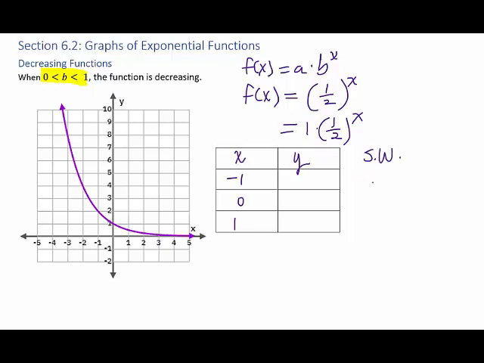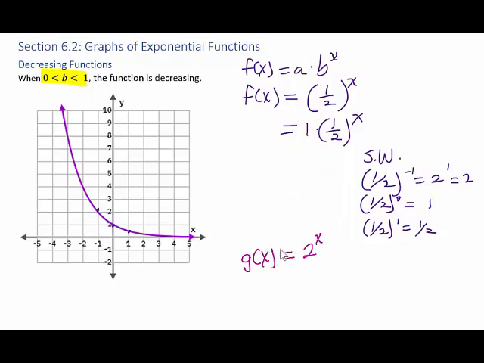If I raise 1/2 to the -1st, that's really the same thing as raising 2 to the +1st, and therefore the y value is 2. 1/2 to the 0 power is equivalent to any number raised to the 0 power, which is just 1, and then 1/2 to the 1st is still 1/2. We see these points -1, 2, 0, 1, and 1, 1/2 are on the curve.